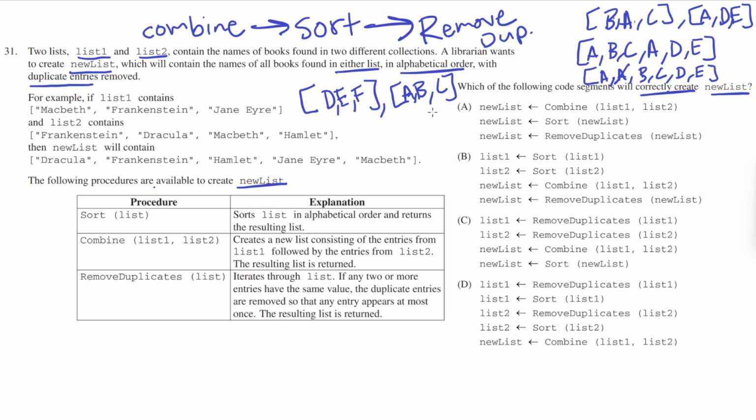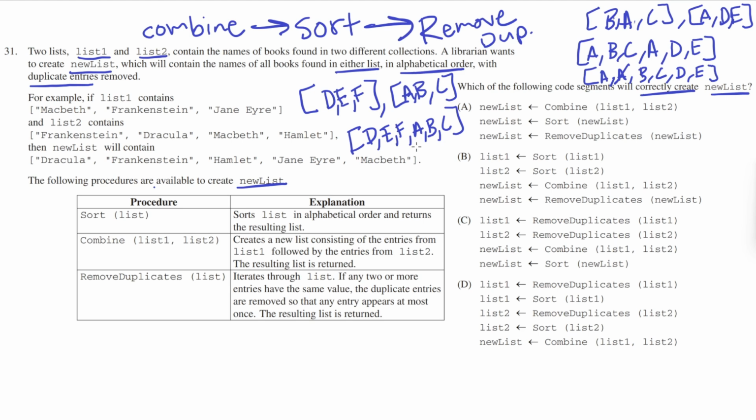When you combine them, combining just puts list 1 followed by list 2. So this would give us D, E, F, A, B, C.